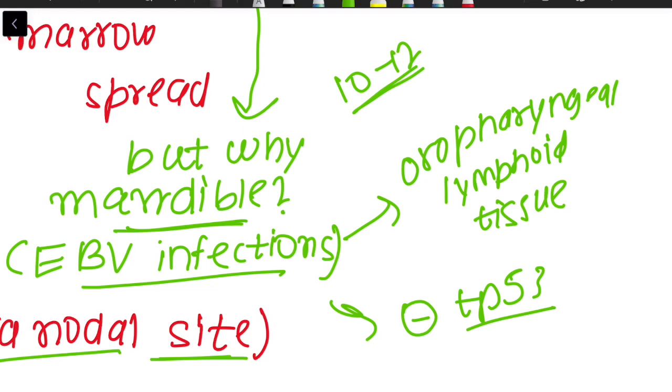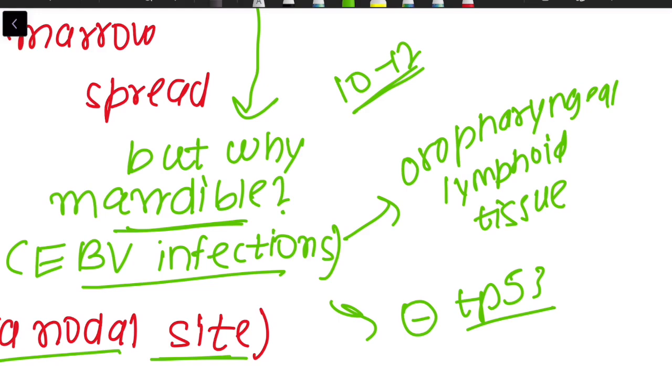Now, in most of the cases, what happens is that these B cells or the centroblasts present in the oropharyngeal lymphoid tissue get infected. So then yes, they are mutated, so they start dividing and undergo uncontrolled proliferation. And what is the bone which is very adjacent to the oropharyngeal lymphoid tissue? Yes, you got it right, that's the mandible.